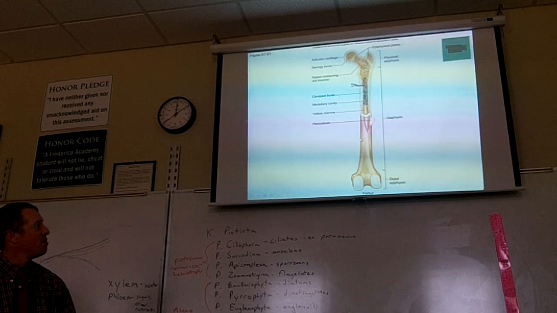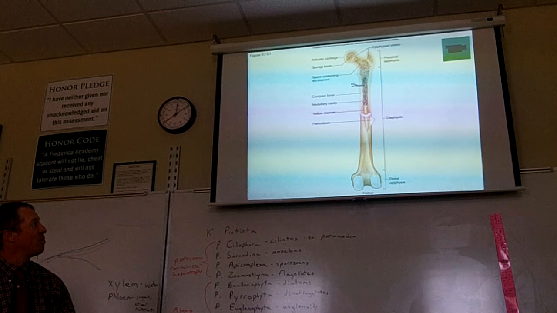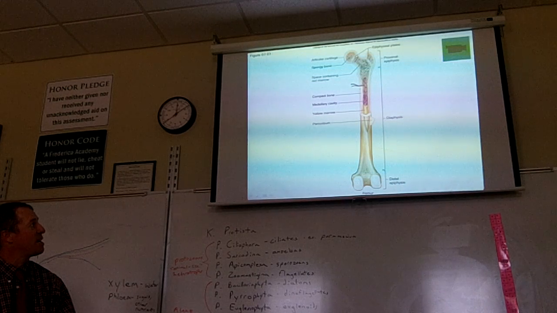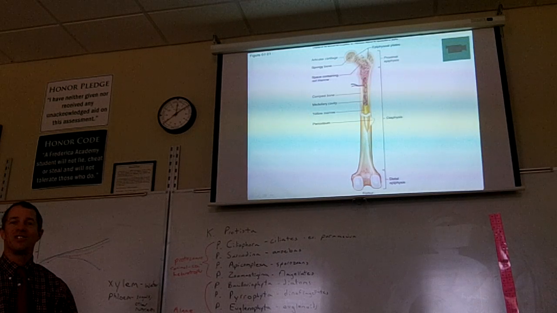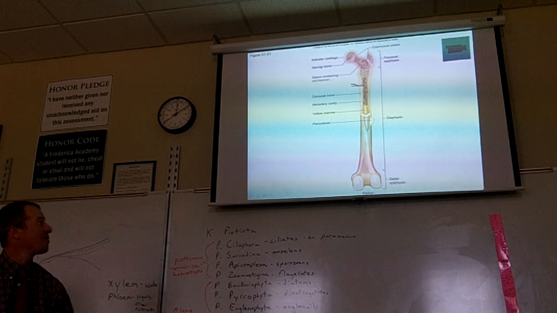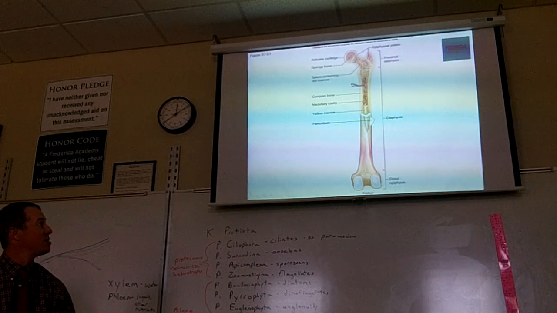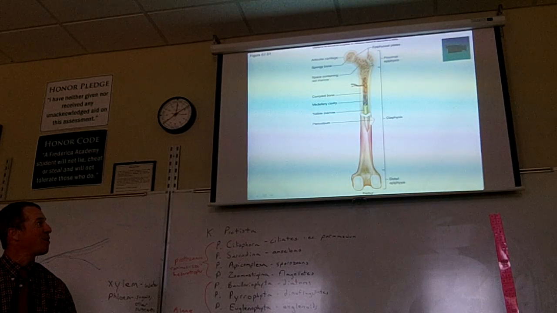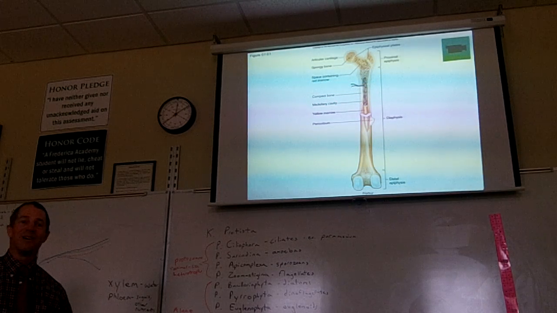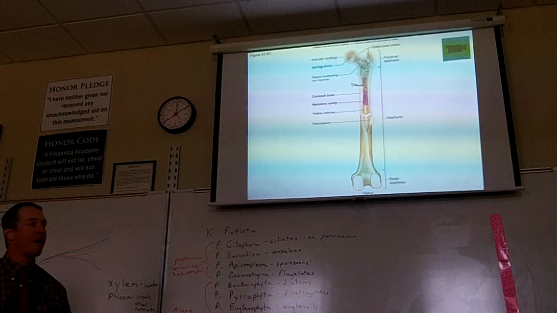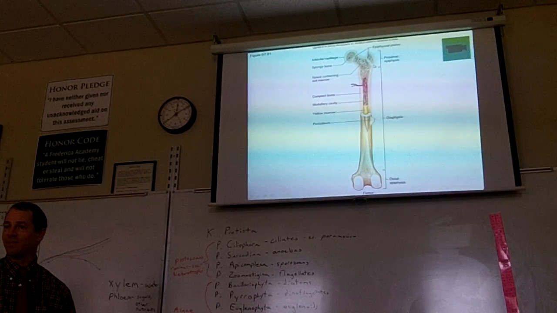The entire bone used to be cartilage, but the final parts, these epiphyseal plates, will be the last part of the bone to form. And you can tell if you're still growing by doing an x-ray and looking at these epiphyseal plates. If they're still made of cartilage, you're still growing, and the bone can continue to get longer. But if they're made of bone, then you've stopped growing, and you won't get any taller.